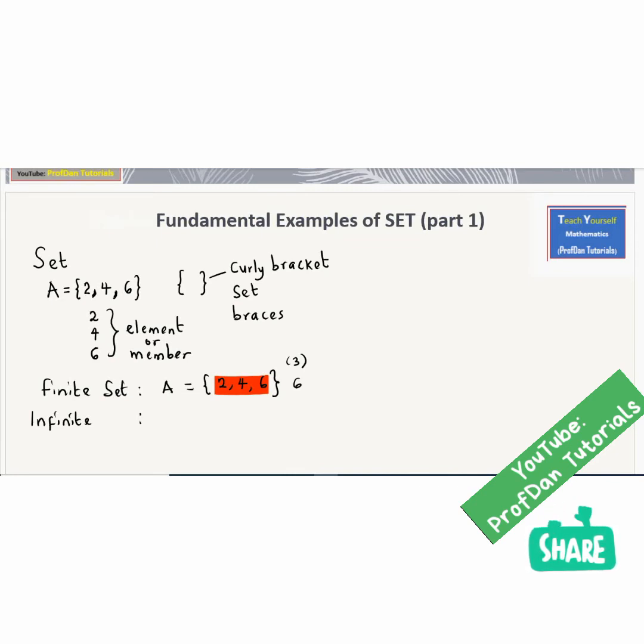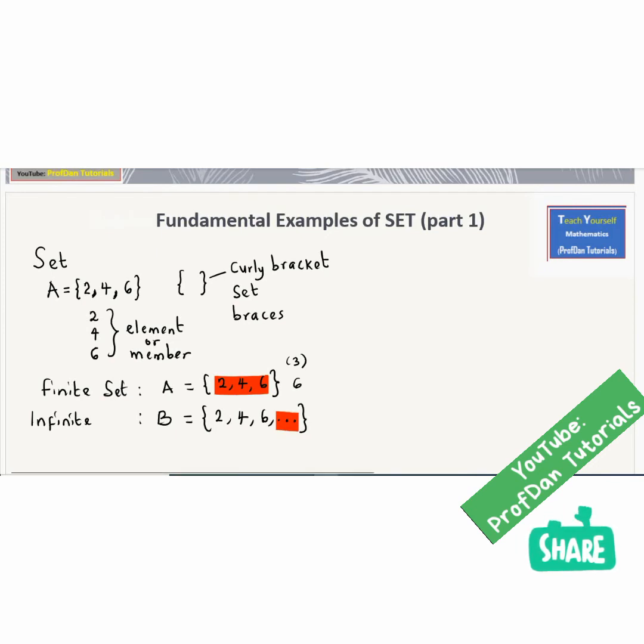However, in an infinite set, let's say set B is equal to 2, 4, 6, dot dot dot. In an infinite set, you do not know its cardinality. You don't know the number of elements in that set. And such a set has no end, shown as 3 dots.